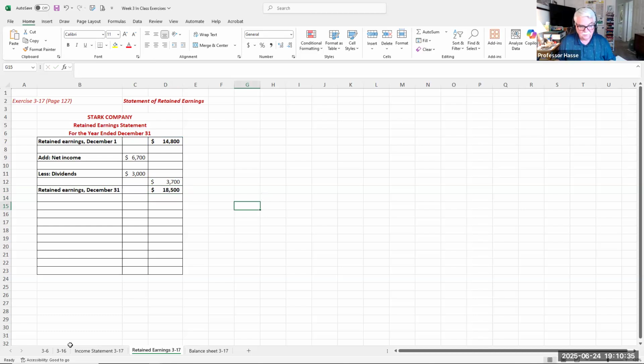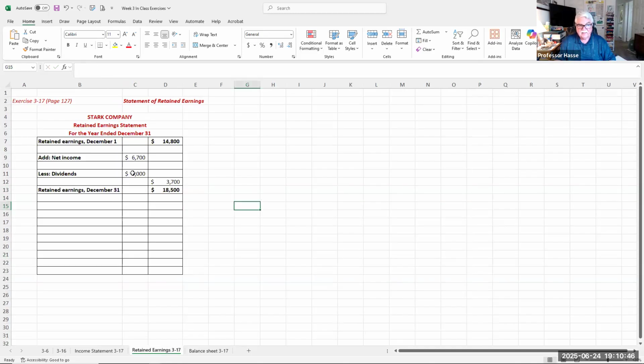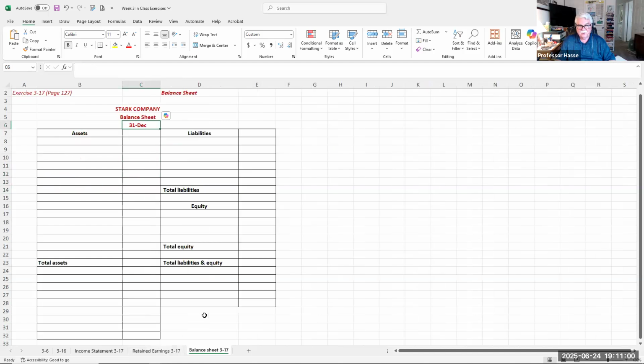And you notice on the trial balance, we saw that $14,800 right there. It was part of the trial balance. That's our balance at the beginning of the year. Then we had the net income of the company. We're told that they paid out $3,000 in dividends of the profits to the ownership. The net effect, $18,500. Now this $18,500 will go over to the balance sheet, and we'll put that in here in just a minute.